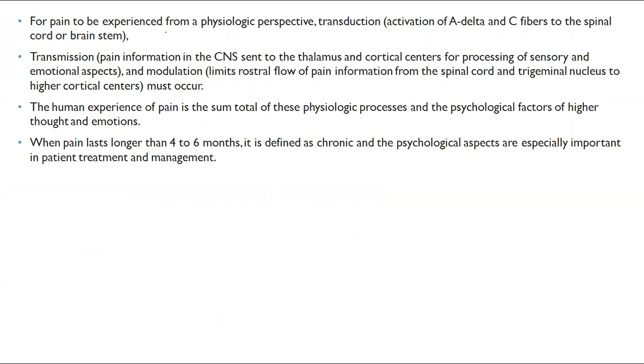So for pain to be experienced from a physiological perspective, there is transduction, that is activation of A delta fibers, which is somatic pain, and C fibers, which is visceral pain, to the spinal cord or brainstem. In transmission, pain information is sent in the CNS to the thalamus and cortical centers for processing of sensory and emotional aspects, and modulation must occur.